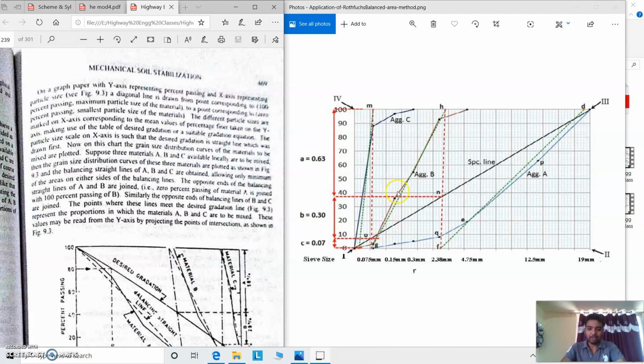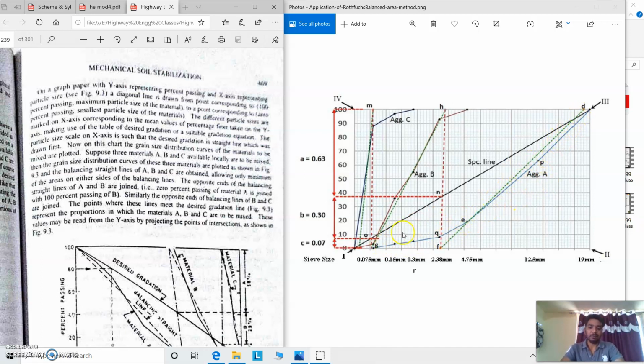These are the sieve sizes, and a particular percentage of aggregates has been retained by aggregate B. When you consider aggregate A, it is retained on 0.075 mm at 0%, for 0.15 mm it is 5%, and for 0.3 mm it is about 0.8%. Similarly, the particular percentage of aggregate retained by aggregate A is located and marked.